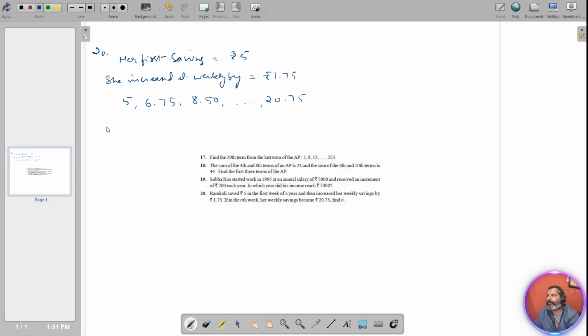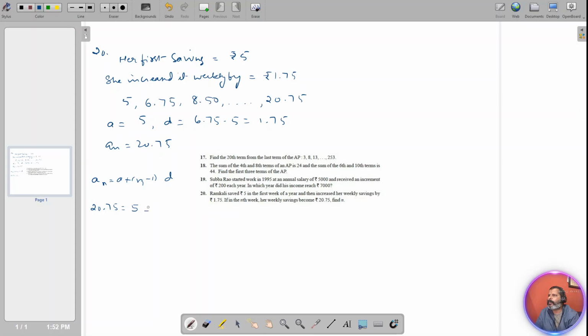So from this you extract A, D and AN. Calculate N here. Very simple. A is 5. D is 6.75 minus 5, that is 1.75. And AN is 20.75. Write the formula. AN is equal to A plus N minus 1 into D. AN is 20.75.